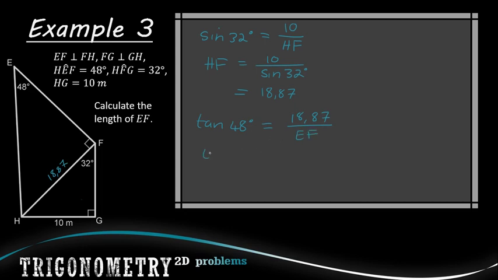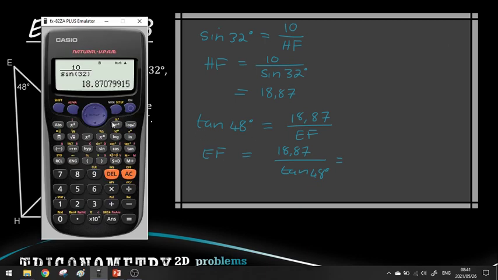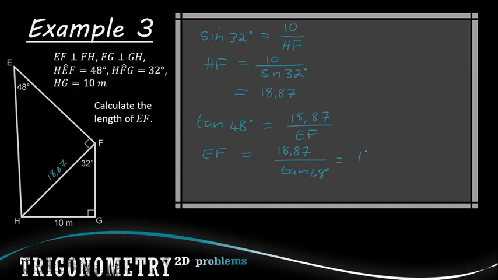So solve for EF, and we have 18,87 over tan of 48 degrees, and that would then give us 16,99. So this is 16,99, and the units is in meters. Then we are done.